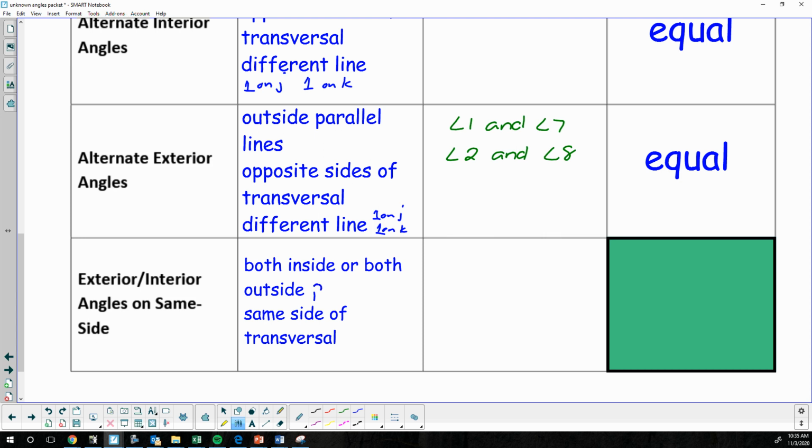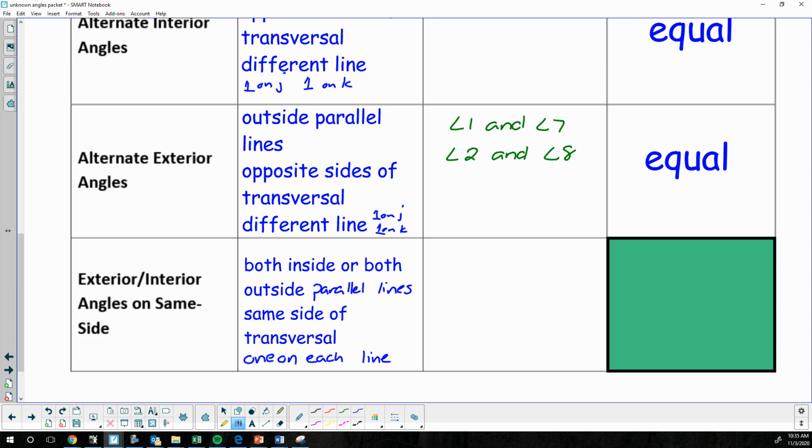Okay. All right. Now, these are on the same side of the transversal, and they are also one on each line, or different lines.